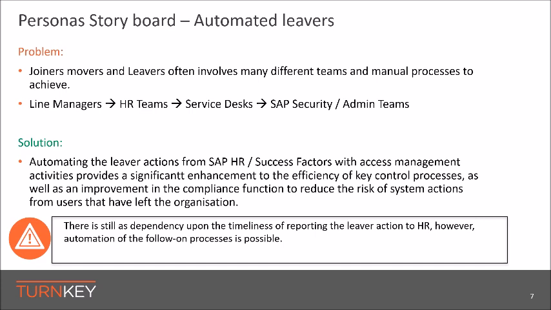We have less chance of human error, less chance of mistakes coming through those sorts of process, and we're tightening up the efficiency to allow that to really work in an automated manner. There is still a dependency on the timeliness of reporting to HR, but as soon as HR knows and does their activities, then we don't have the latency of going through those disparate teams within a traditional HR process.